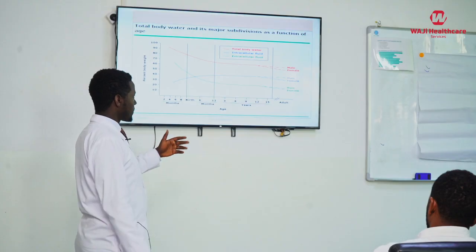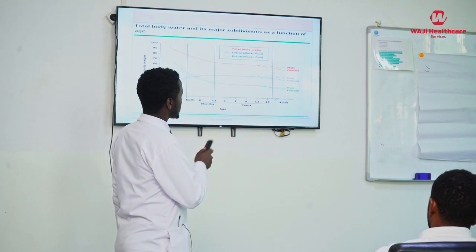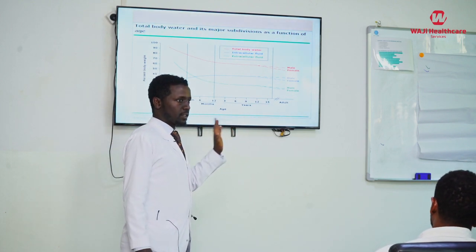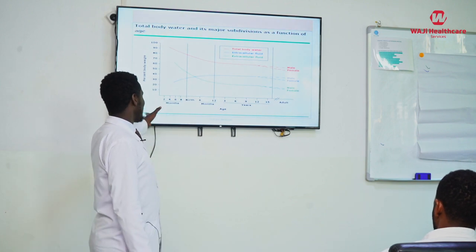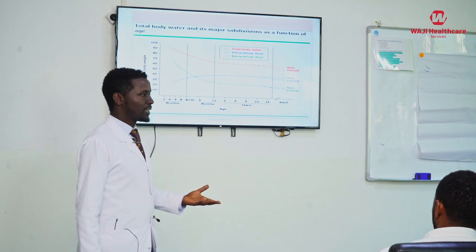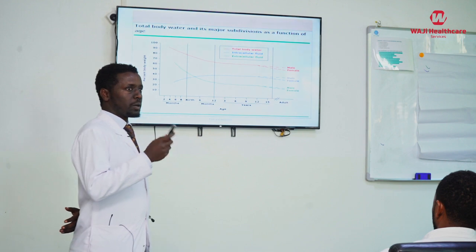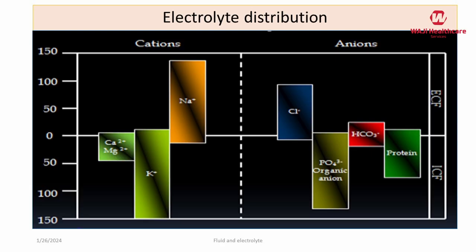As I said earlier, the body fluid percentage of males is higher than females in all compartments, while the extracellular and intracellular distribution is maintained. In pediatrics the body fluid is very high, but progressively as we grow, we attain up to 60% of our body fluid components. This is to show electrolyte distribution.